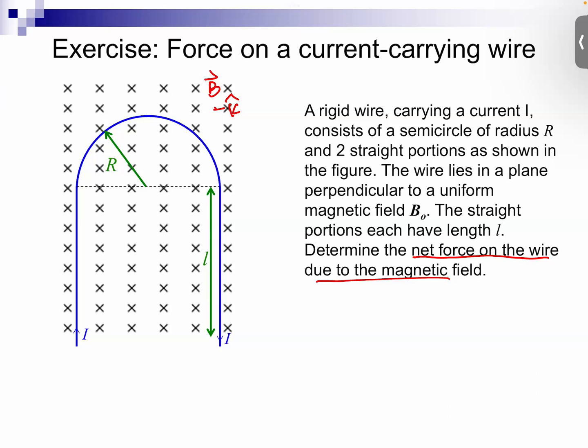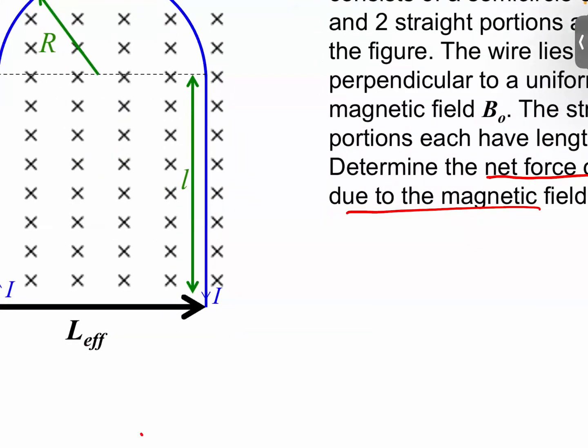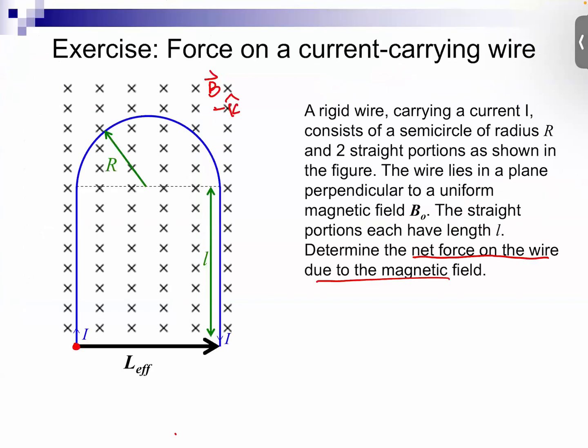You can do it in your head. You can solve this. All you have to do is find the effective length. Your current starts here and your current ends there. So your effective length connects the starting point to the ending point of your current carrying wire.